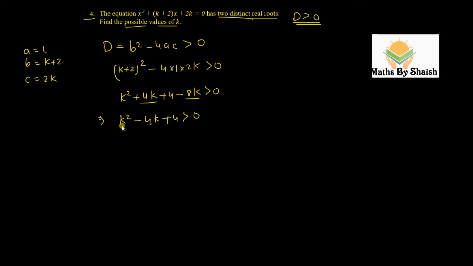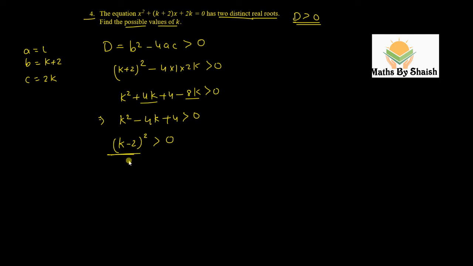And we know that it is a square minus 2ab plus b square. So it is (k minus 2) whole square greater than 0. We know that a square number is always greater than or equal to 0. It means this is always going to be greater than 0.